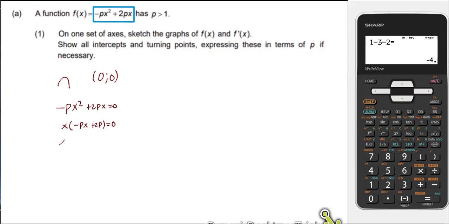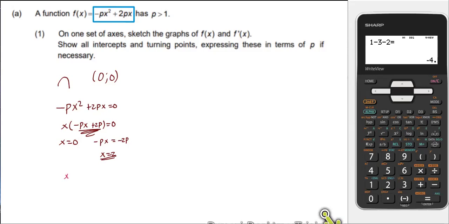So one of the x-intercepts, x equals 0. When I solve this one, it's minus px equals minus 2p. Then I divide by the minus p, so it's positive, so x equals 2. These are the x-intercepts.